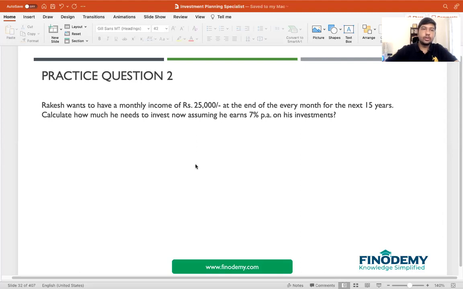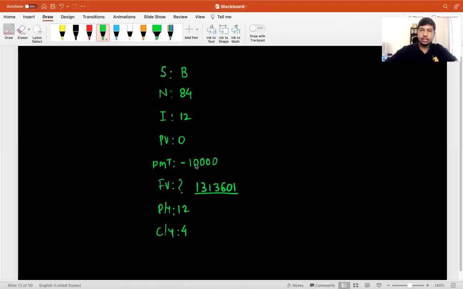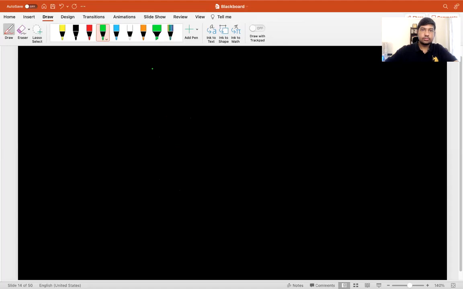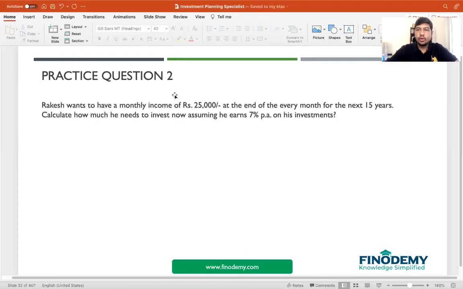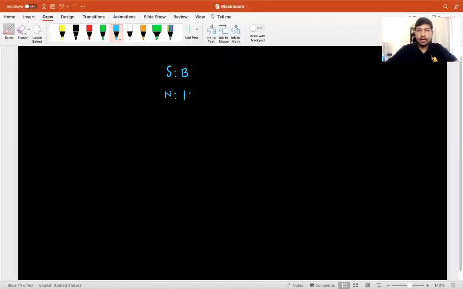Let's see how to solve this. So first look at the steps. So set will be begin, N will be, since the monthly income is required for 15 years, N will be 180.